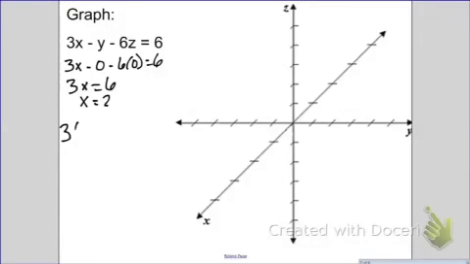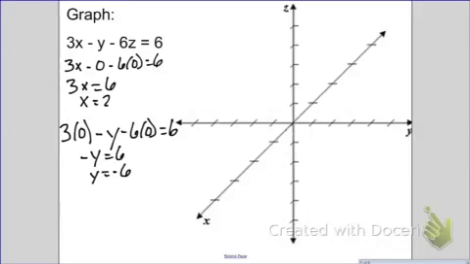Now 0 for x, keep your y, 0 for z, and negative y is equal to 6, so y is equal to negative 6. And then lastly, get rid of x, get rid of y, and keep your z. Negative 6z equals 6, so z equals negative 1.